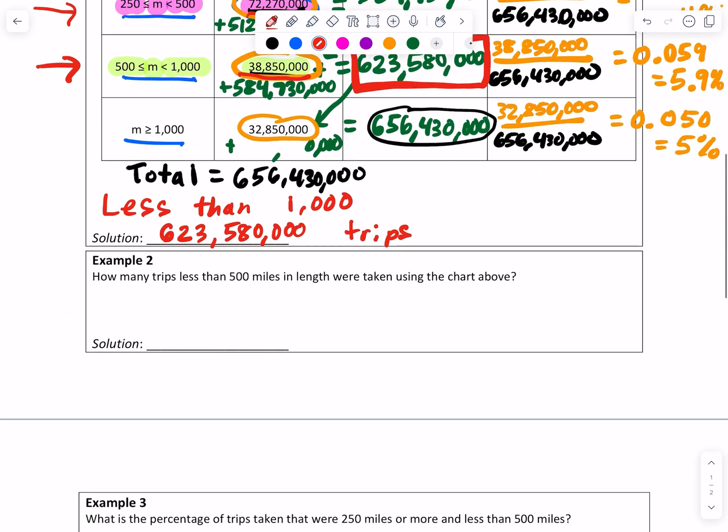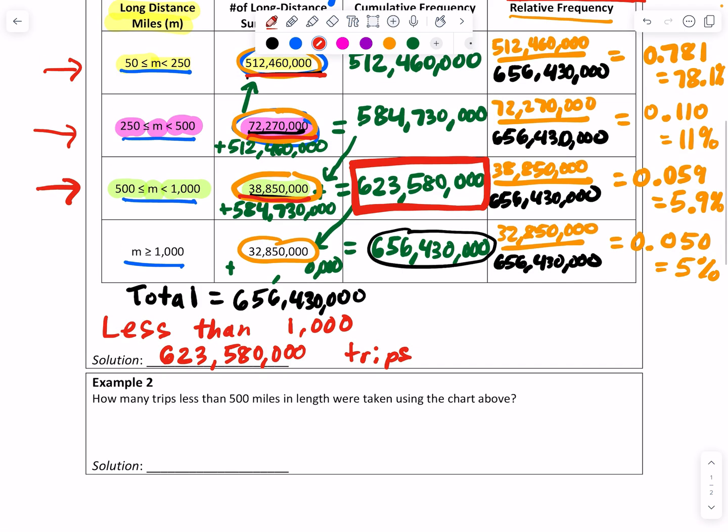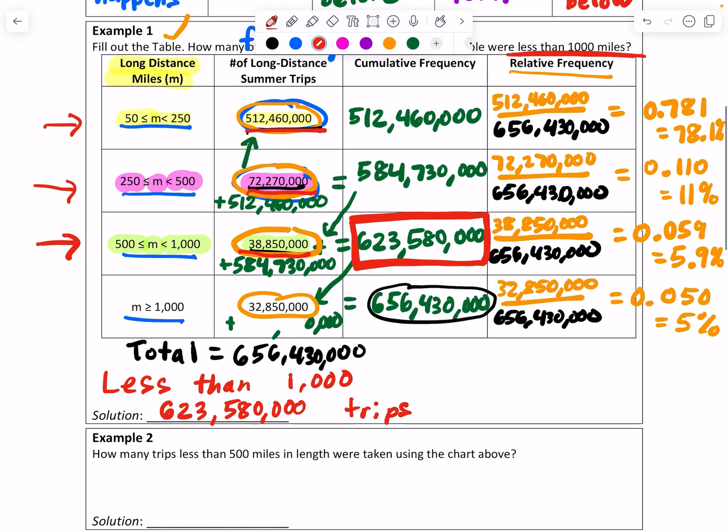So after you fill out the table, that should help you to be able to answer some questions about it. Next question says, how many trips less than 500 miles in length were taken using the chart above? So less than 500 miles in length. Let's go pink. Now I'm looking at these ones.